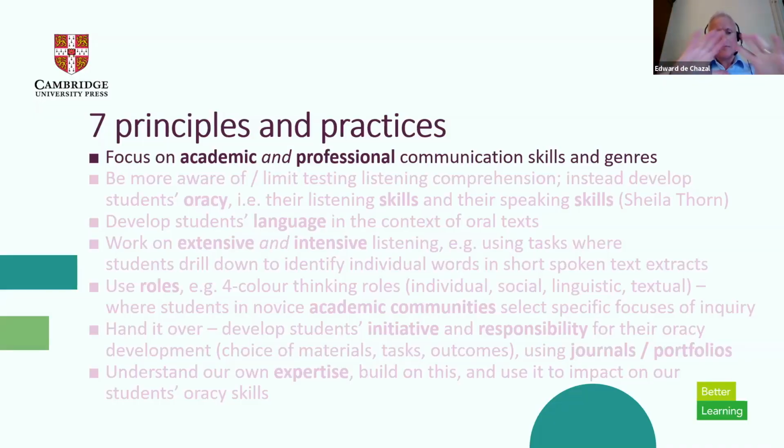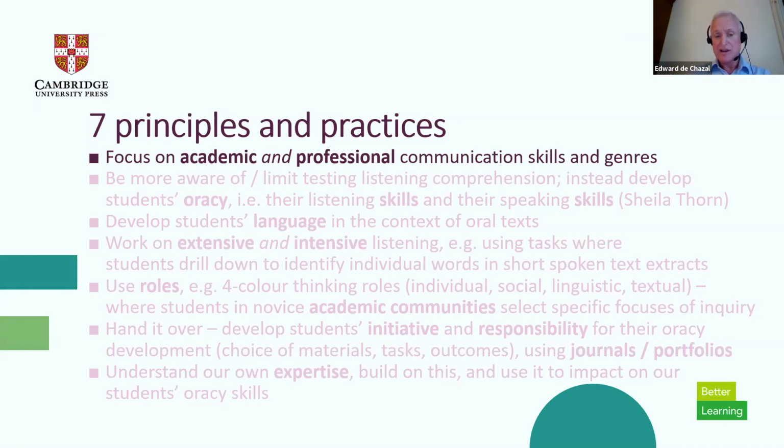So informing all of this are some principles and practices which I propose today. First, focusing on academic and professional communication skills and genres. So I've talked about this previously, publicly, and my understanding, my conception is that we have our students for perhaps a year, part of a year, and they're in academic institutions for perhaps 1, 2, 3, 4 years of their adult lives, but then they're in their professions for 10, 20, 30, 40 years.